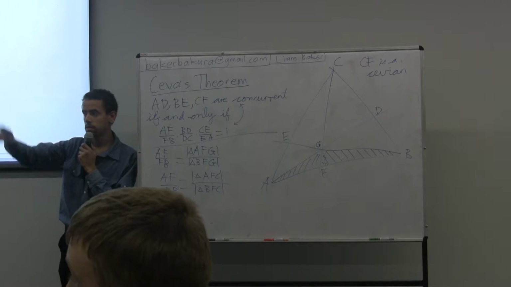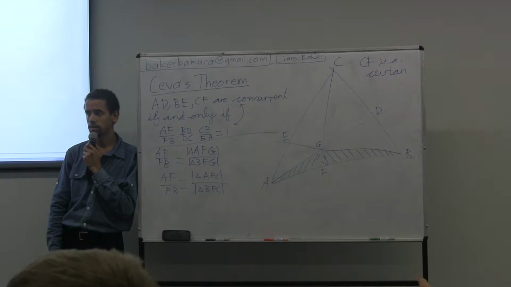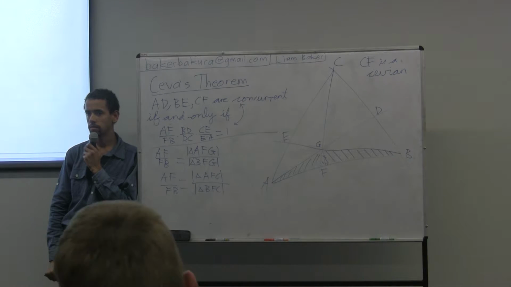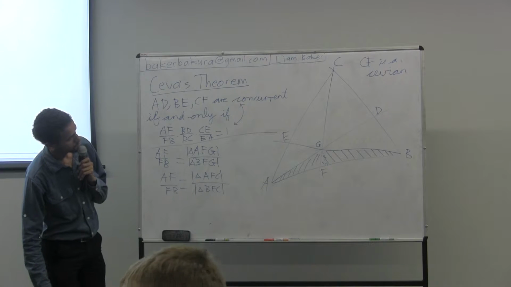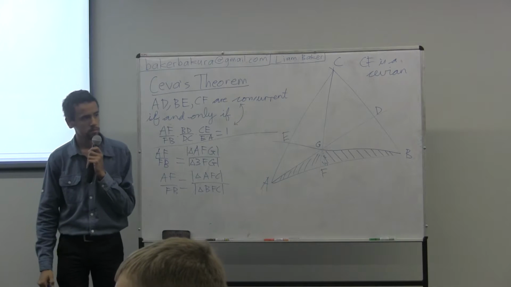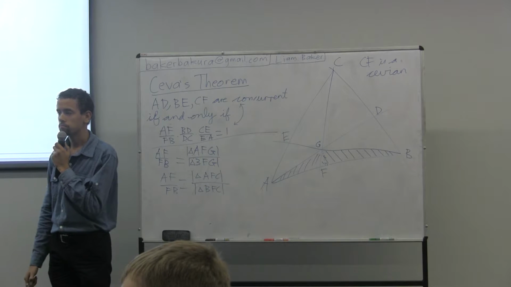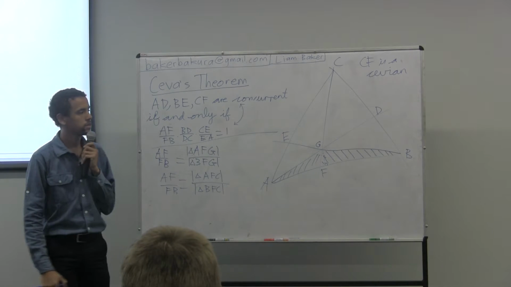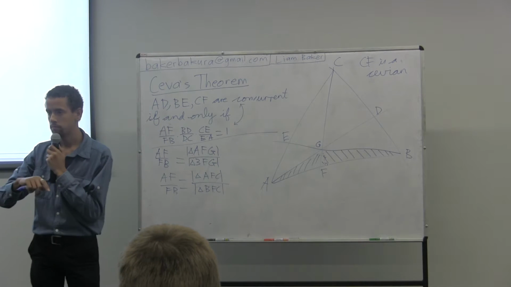Someone from that side. Oh, yeah. Isn't it the same reason because the height is the same? Yeah, pretty much. It's just the same thing with G replaced by C.